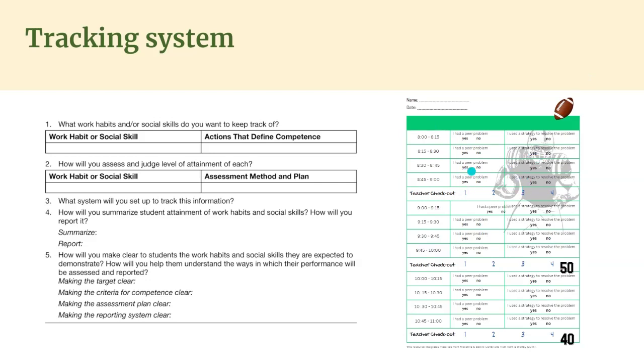There's some tracking system. It tracks the student's behavior. It's a check-in, check-out strategy, and the student keeps track of his behavior, and then the teacher assigns some points to say if the student's tracking of his behavior is accurate or not.